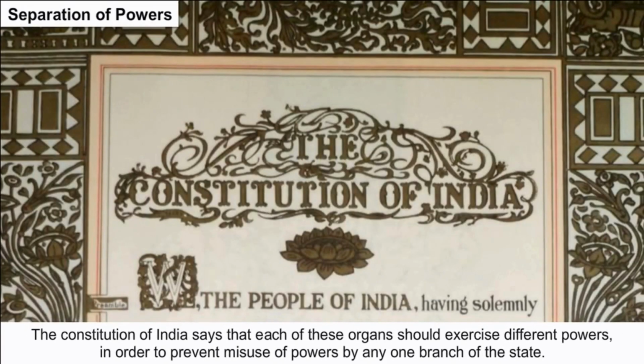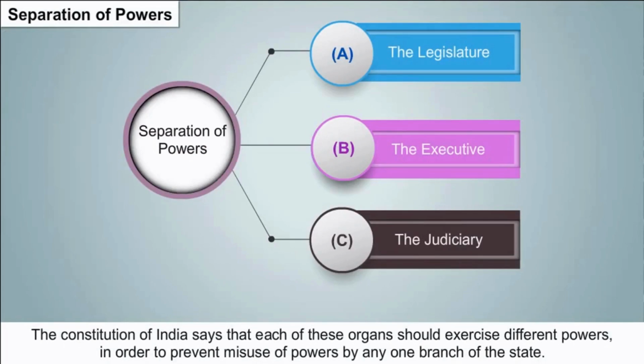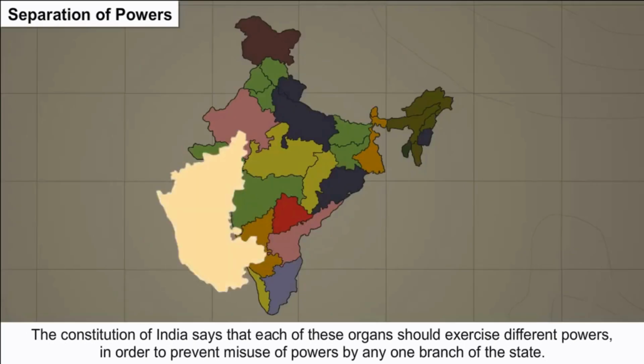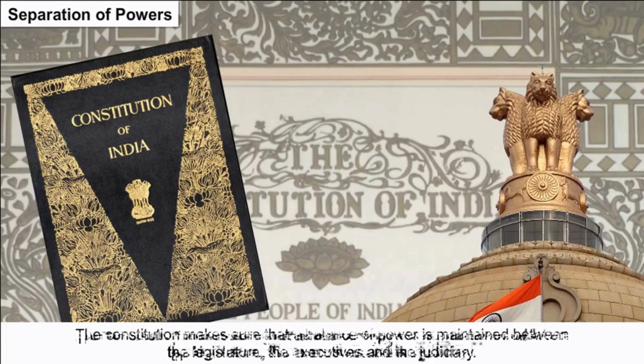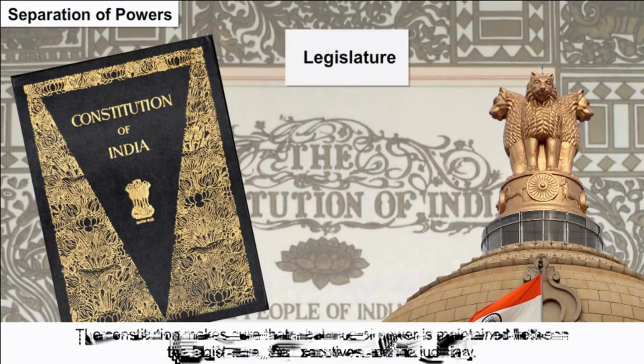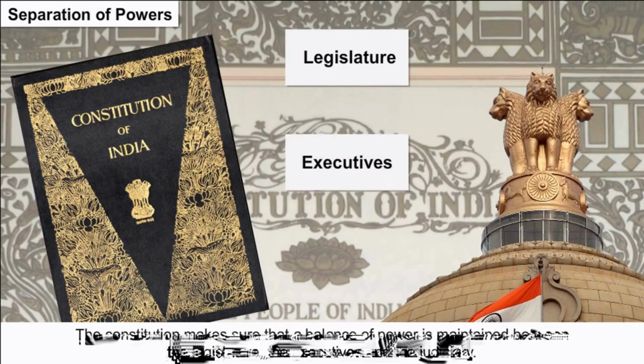The Constitution of India says that each of these organs should exercise different powers in order to prevent misuse of powers by any one branch of the state. The Constitution makes sure that a balance of power is maintained between the legislature, the executive, and the judiciary.